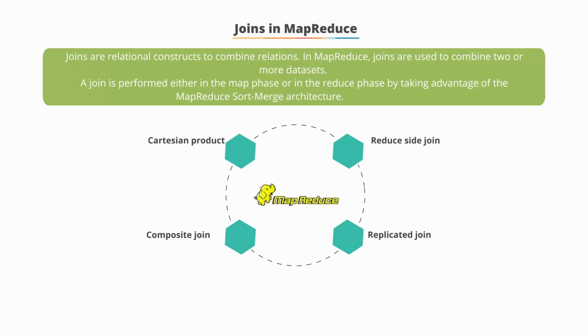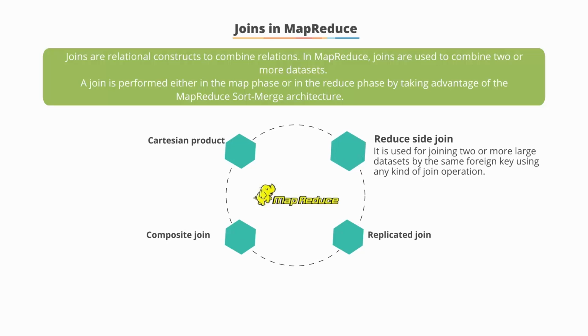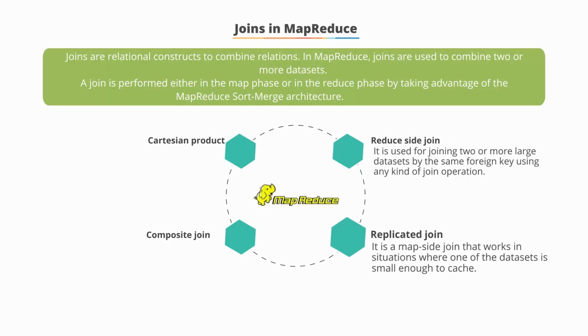Cartesian Product. A reduce side join is used for joining two or more large datasets with the same foreign key with any kind of join operation. A replicated join is a map-side join that works in situations where one of the datasets is small enough to cache, thus vastly improving its performance.